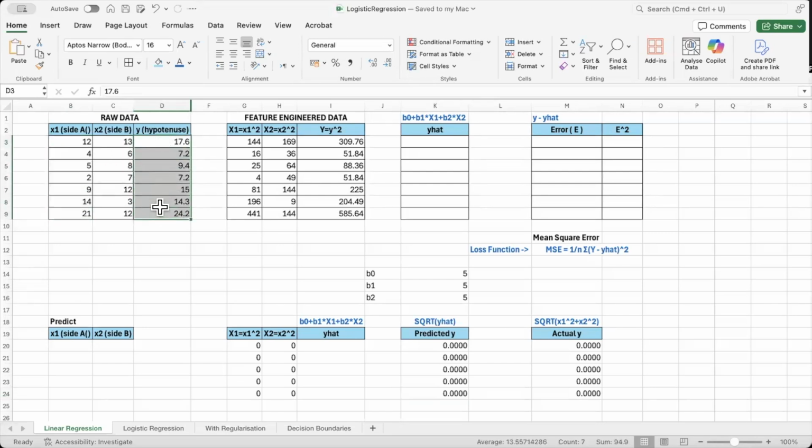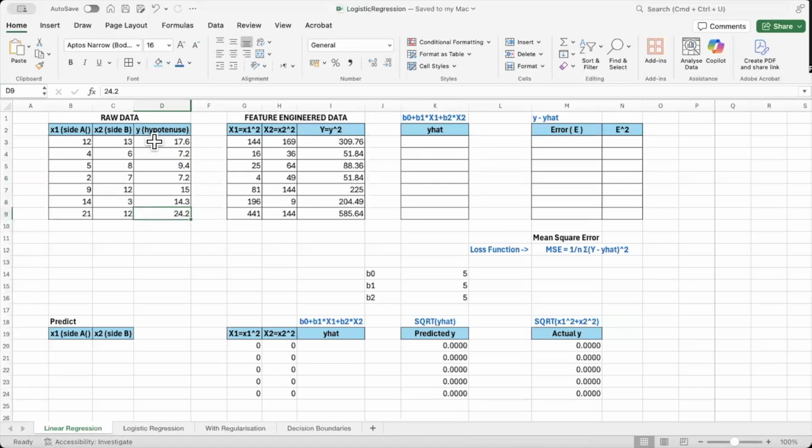We can get this data quite easily because if we draw some right angle triangles on a sheet of paper and then use a scale to measure the two different sides and the hypotenuse, we can create this data. Now we have some intuition that there may be a relationship between the squares of the sides and the hypotenuse. So we have this intuition.